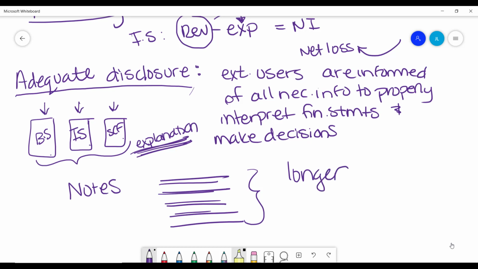So some examples of disclosures that you might have to make is maybe what if there's an unsettled lawsuit with the company, right? That might impact my interpretation of what's going on here. Subsequent events. Maybe there was a merger, right? Or the company is thinking of downsizing. Some significant accounting policies that the company has adopted. Okay?